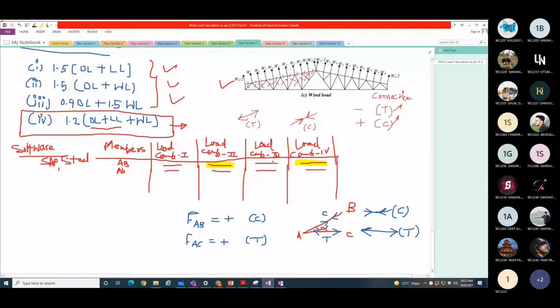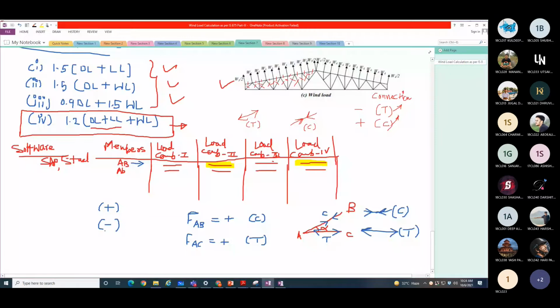And here also, for this AB member you will get compression force and also negative, I mean tension force, because here your wind load, dead load, live load, all load combinations are coming, right? So for all these load combinations you will get tension stress and compression stress in your member.